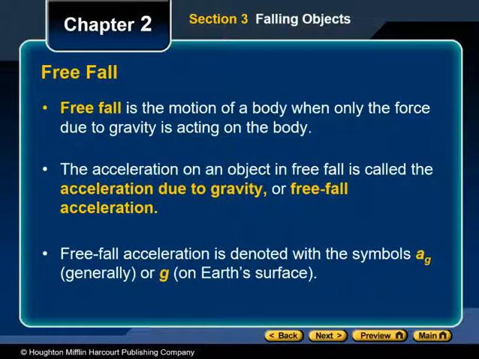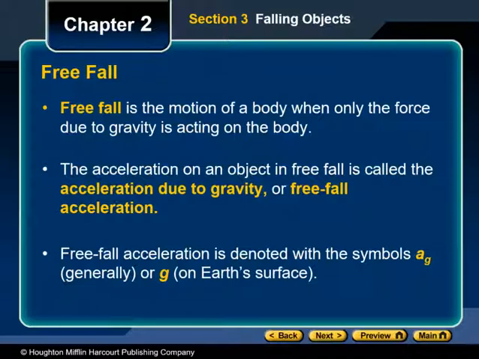The acceleration due to gravity is denoted with the symbol a sub g, generally, or simply lowercase g, as on Earth's surface. The magnitude of lowercase g is about 9.81 meters per second squared, or 32 feet per second squared. Unless stated otherwise, this book will use the value 9.81 meters per second squared for calculations.